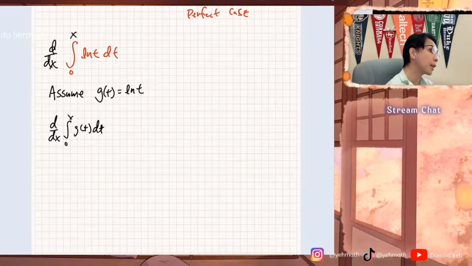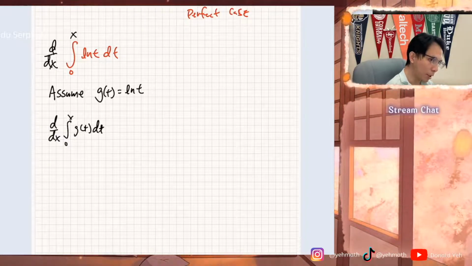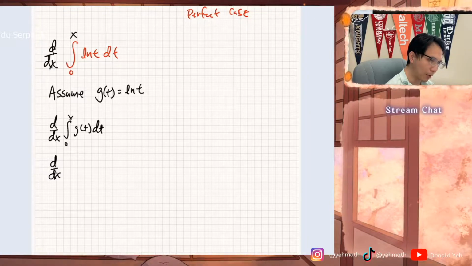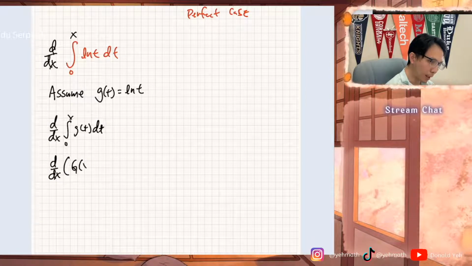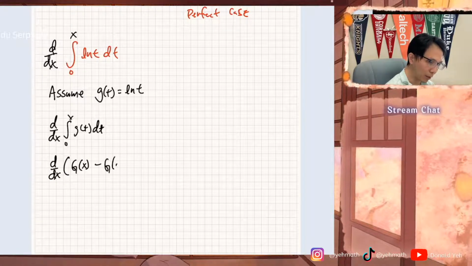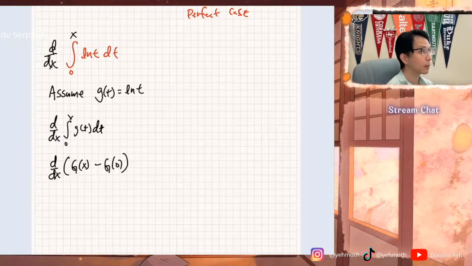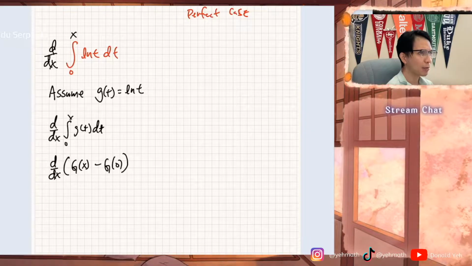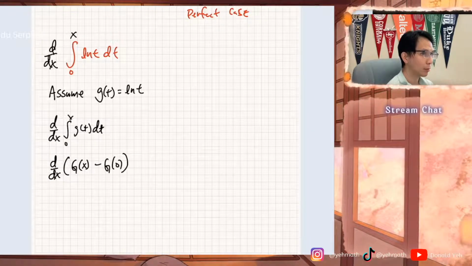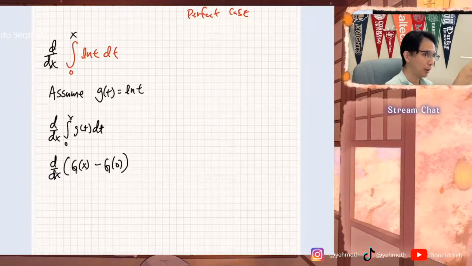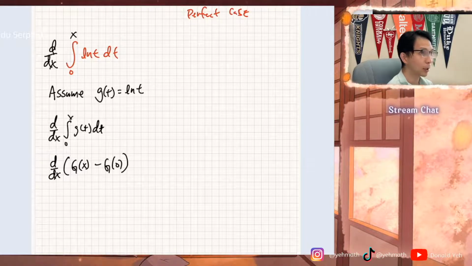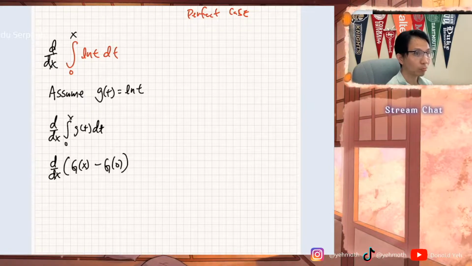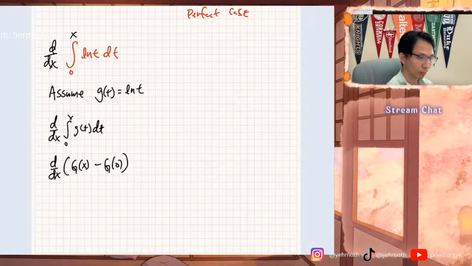Just a notation difference. That's capital G. And according to the fundamental theorem of calculus, that's just G of x minus G of 0. Does that make sense? Am I going too fast? Integrating a non-capital g is going to give capital G.